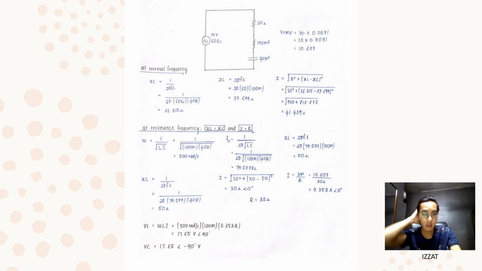So lastly, you find the value of voltage VL and VC. VL is equal to omega LI, and you get the answer 17.65, and VC also you will get the same answer as VL, 17.65. Okay, that's all.